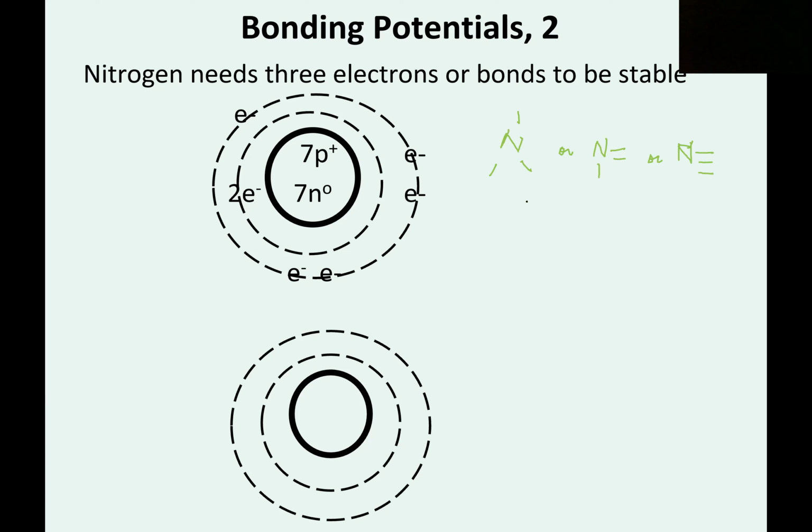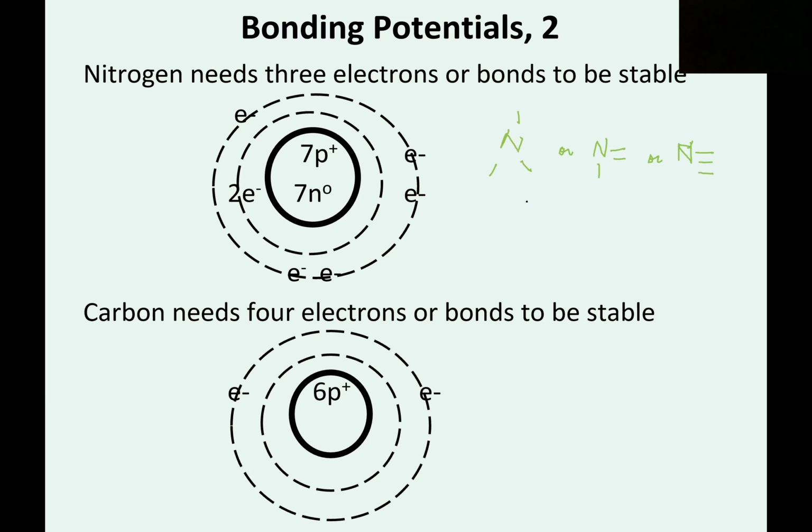Then in another small box, you can put carbon. Carbon has 6 protons, 6 neutrons, 2 electrons in the first shell, 4 electrons in the second shell. So 8 minus 4, it needs 4 bonds.